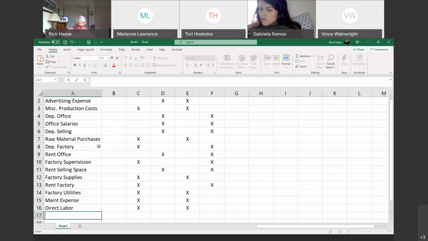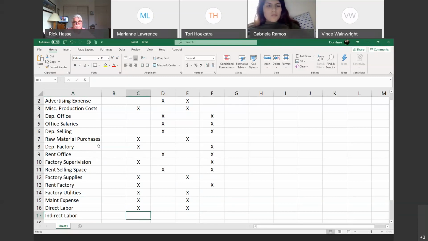All right. How about indirect labor? That would be a fixed expense and it would be a period expense. Indirect labor. Now, you might have read this in the chapter, you might not have, but indirect labor is considered overhead of production.